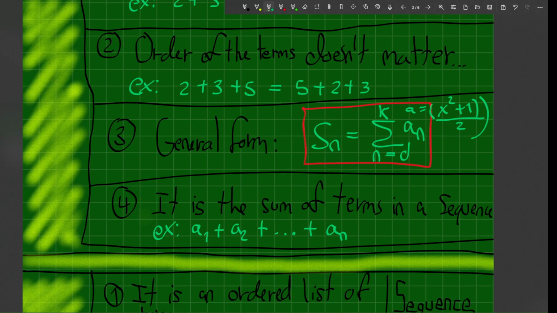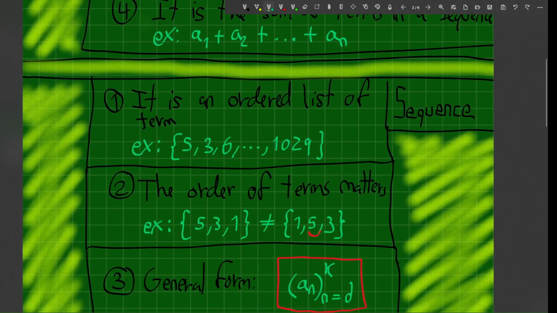And then you multiply this by n, where n is somewhere along these lines, so x plus n divided by 2 or something, or plus 1. Anyways, that's the formula for the series.